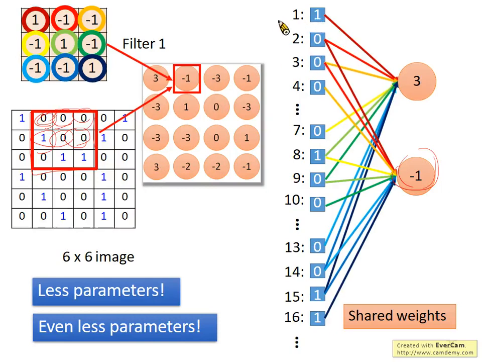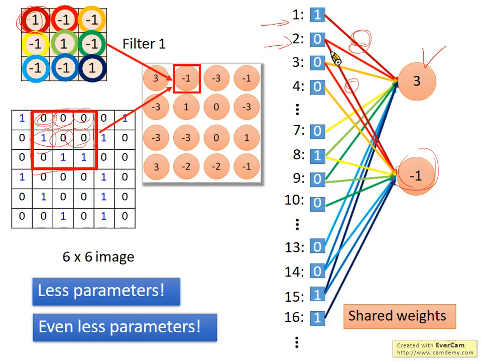The parameter connecting the first pixel to the first node and the parameter connecting the second pixel to the second node are actually the same. You see that they are all in dark red, corresponding to +1.